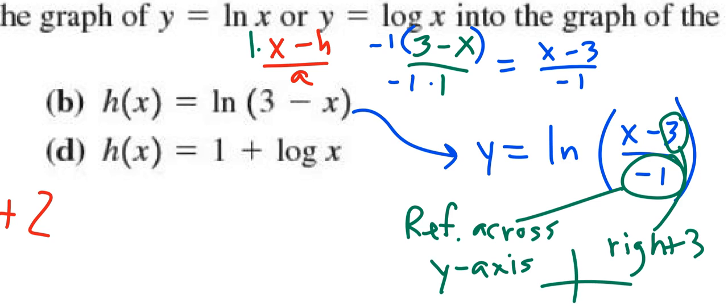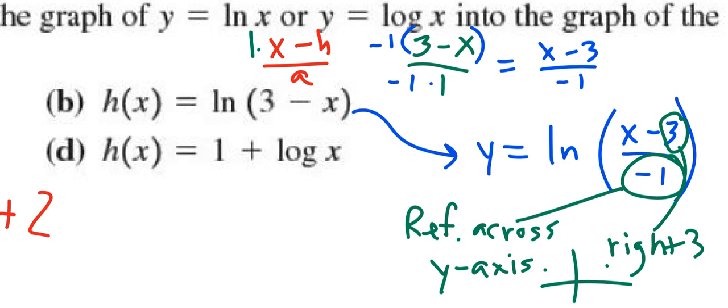Remember we talked about if you look at a graph, take a random point, and multiply either the x or the y, in this case the x, you can see which way it moved. Moved across the y-axis.